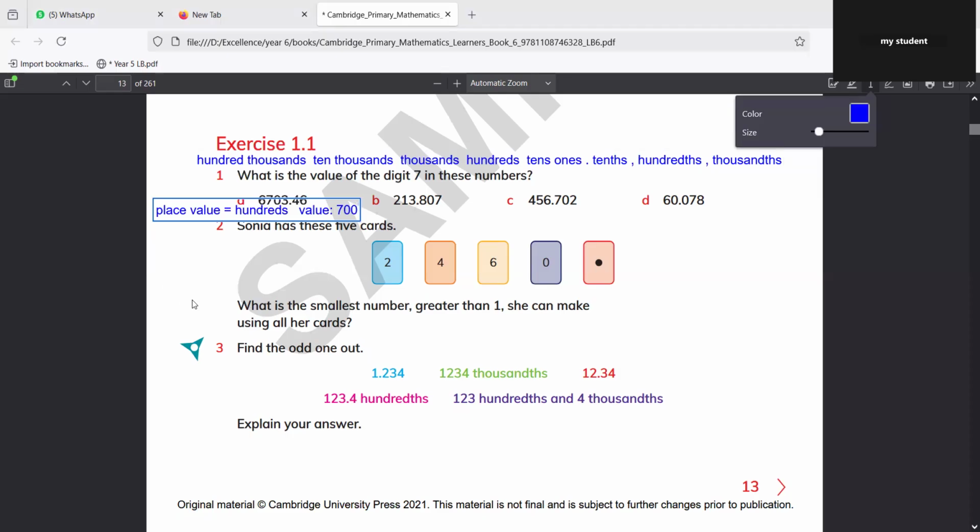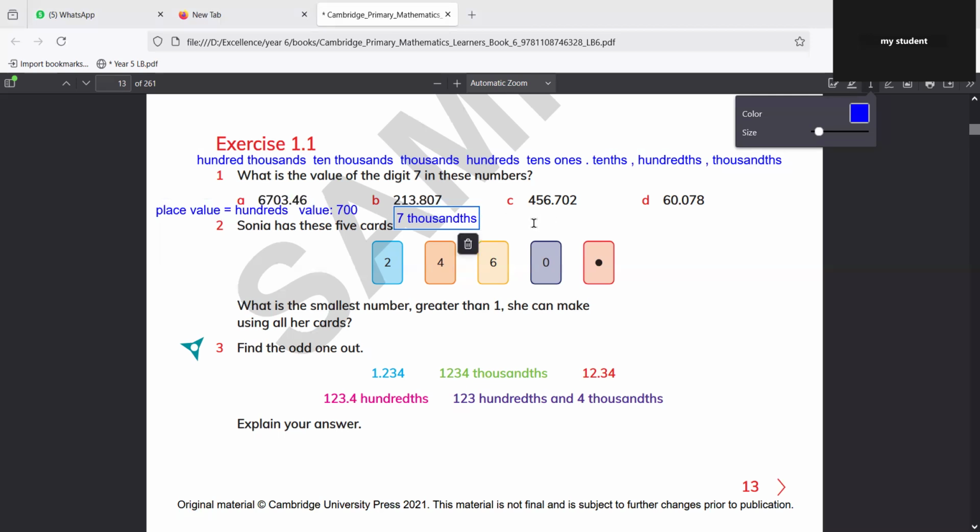Like that, or you can write 700 in words, like 7 and then hundreds and so on. This one, if I ask you what the value of the 7 is, the value of 7 here is 7 thousandths with a TH, because it's after the decimal point: this is tenths, this is hundredths, this is thousandths.